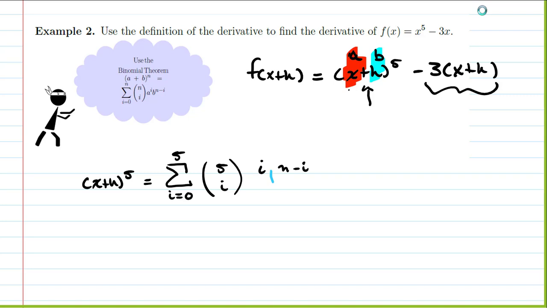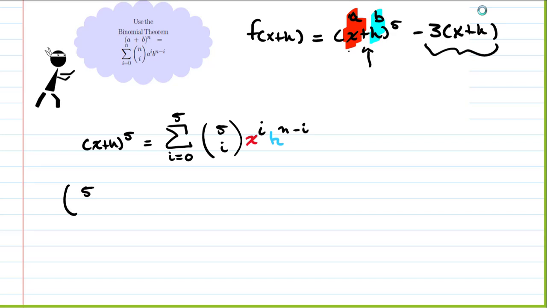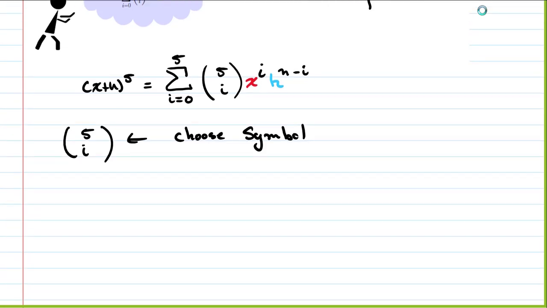Let's replace each of these with what they are. So we have x and we have h. We may or may not know what this symbol is. This is called the choose symbol, and the choose symbol has the following formula.